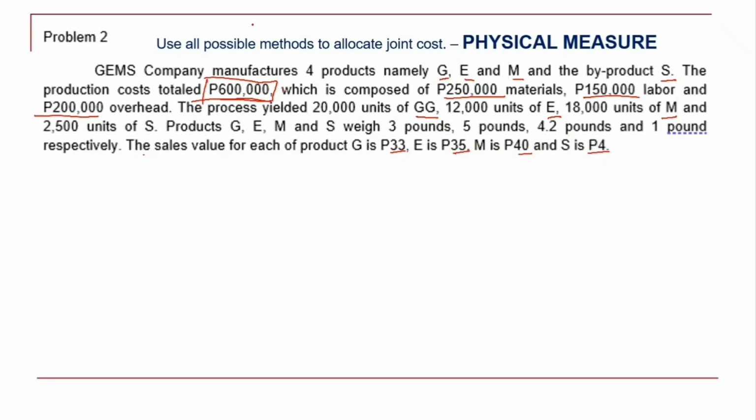Unahin po natin yung, di ba, makaka-influence or makaka-apekto yung proceeds ng byproduct if and only if NRV ang method natin sa byproducts. Sa byproducts, pero kapag RV po tayo or sales method, hindi po yan makaka-apekto.